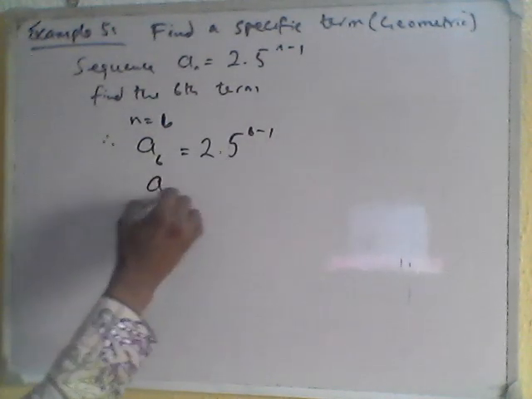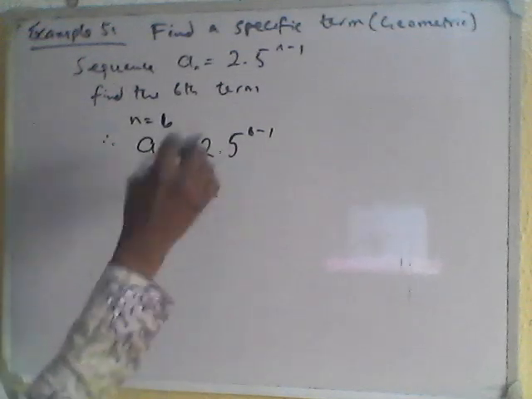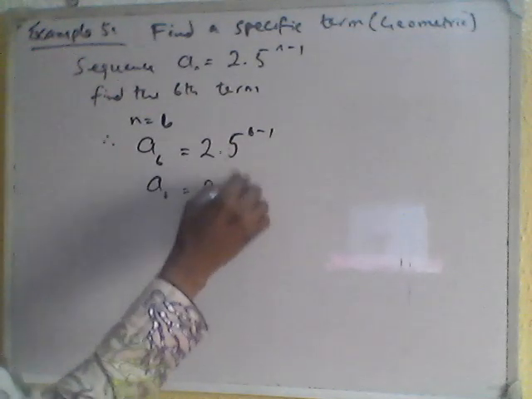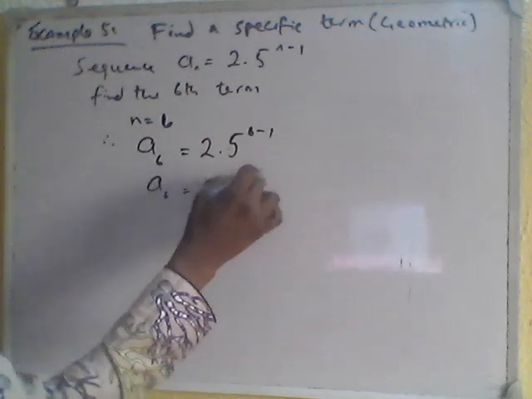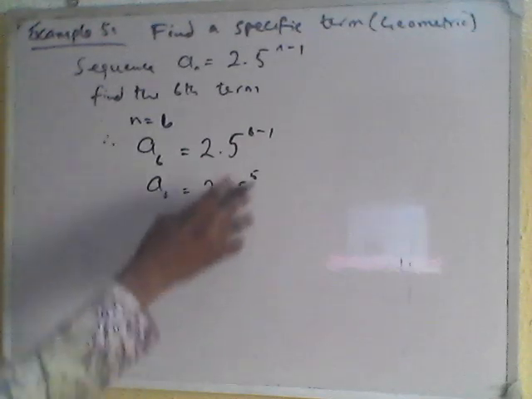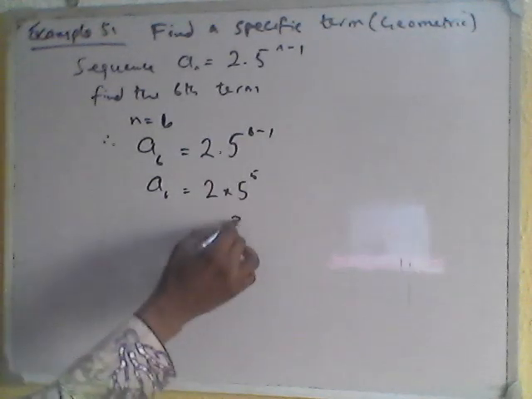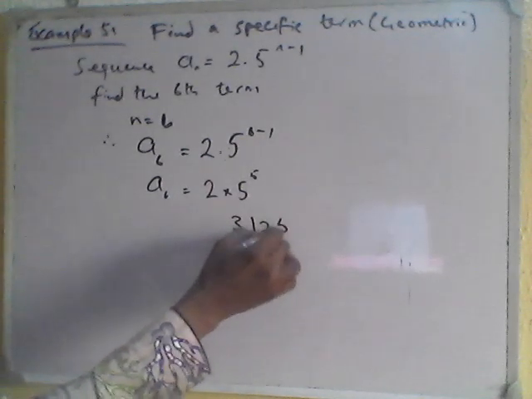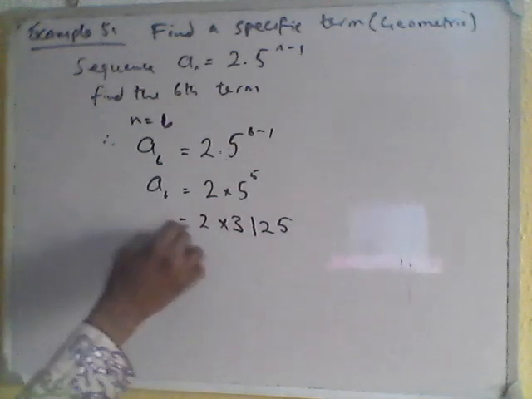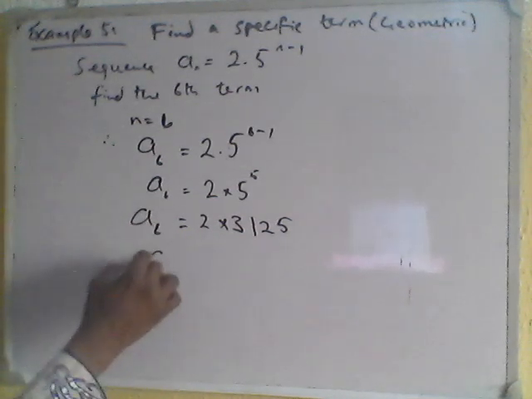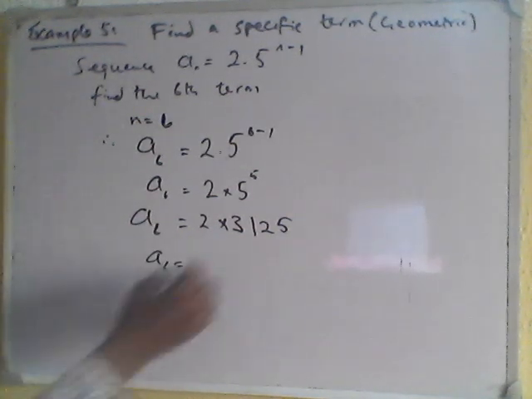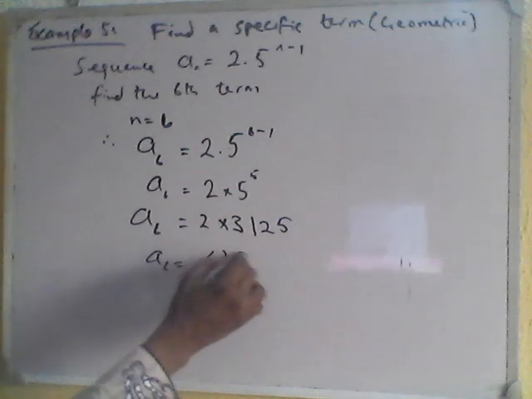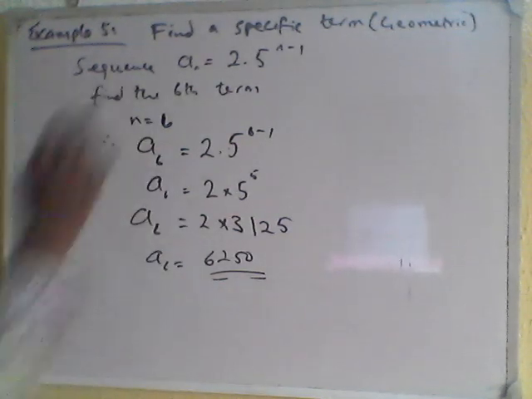So the sixth term is equal to 2 times 5, 6 minus 1 is 5, raised to power 5. If I complete 5 raised to power 5, I'll be getting 3,125 times 2 is equal to a6. So the sixth term is 6,250. That is the sixth term of that particular sequence.